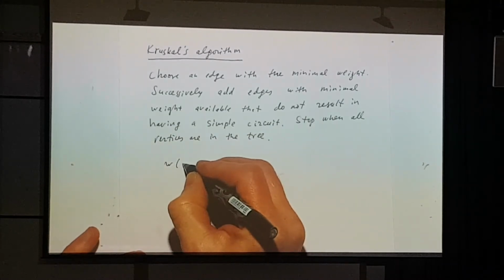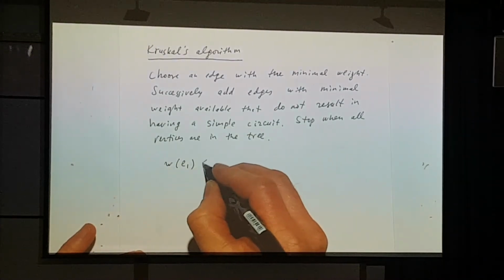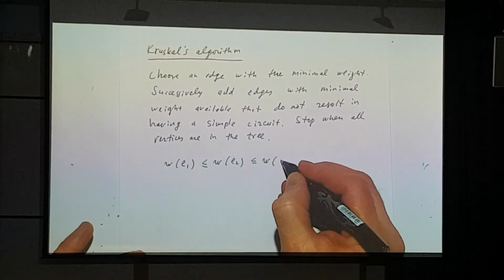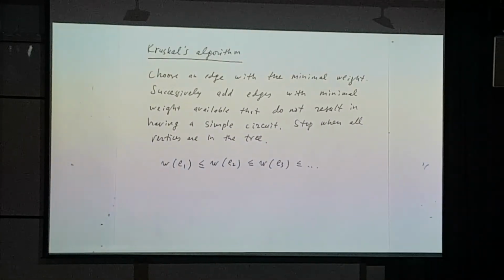If W of E1 is the weight of the first edge chosen, it will be smaller or equal to the weight of E2, which will be smaller or equal to the weight of E3, and so on. That was not necessarily the case in Prim's algorithm because we were additionally constrained by the condition that all new edges must be incident to a vertex already in the tree, so sometimes we wouldn't have the smallest weight available, and it would arrive later. But here, they will definitely form a monotonically increasing, or non-decreasing, sequence.